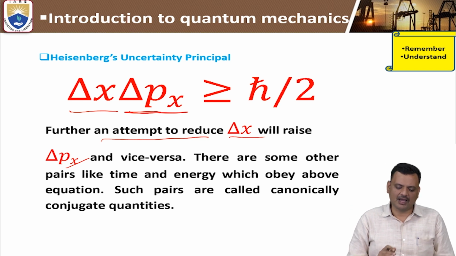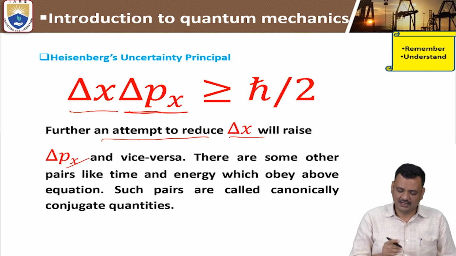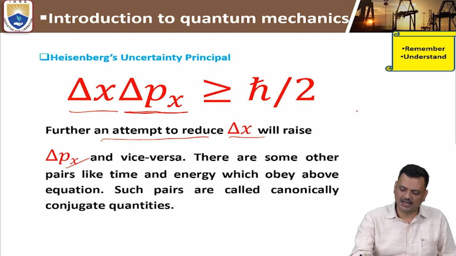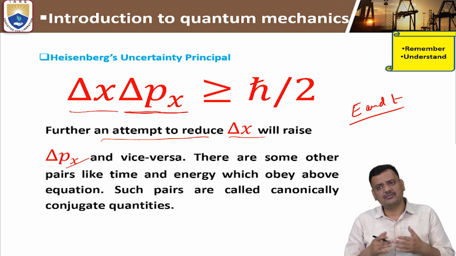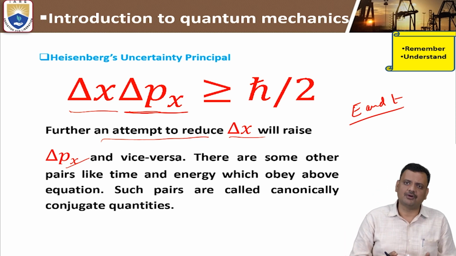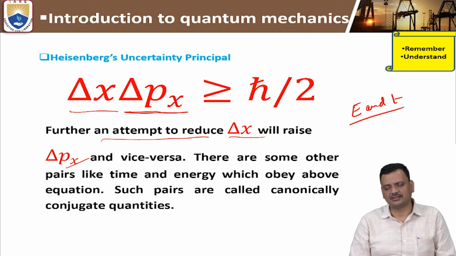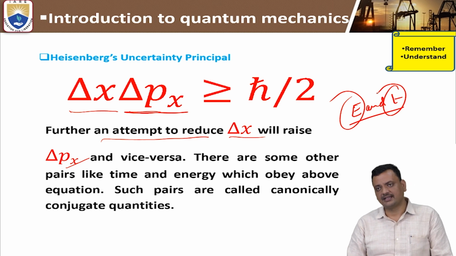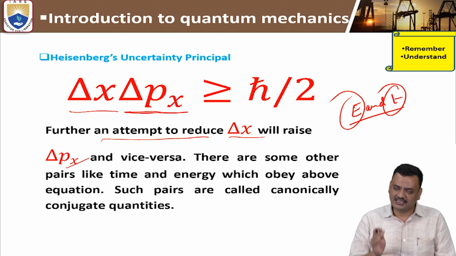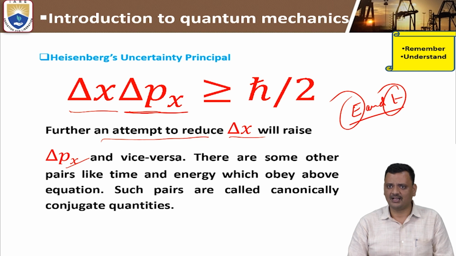There are some other pairs like position and momentum, such as E and T, energy and time. The same relation will also hold for these physical quantities, energy and time. Such types of pairs are called canonically conjugate quantities.